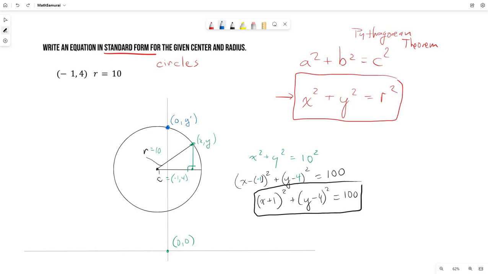So if I had to figure this out, I would just plug it in. That's the coolest part. I can just plug in. So I'd put in 0 plus 1 squared plus y tilde minus 4 all squared equals 100.